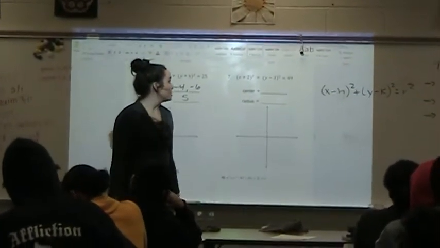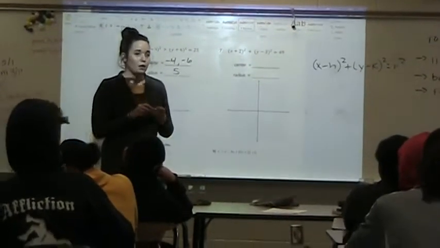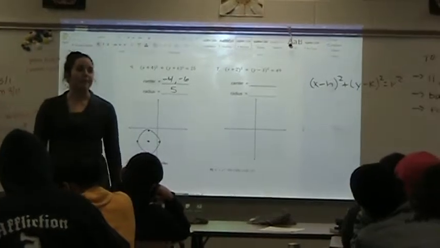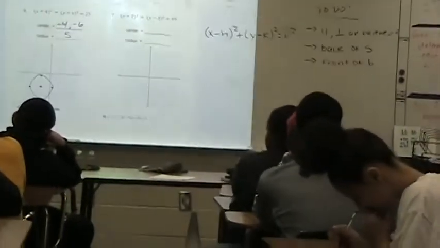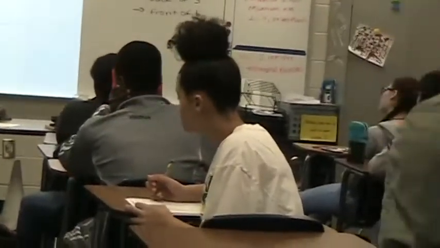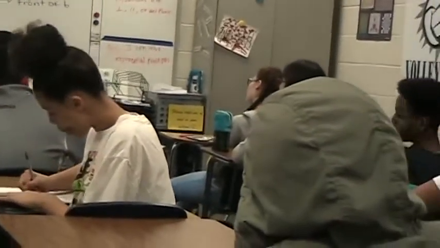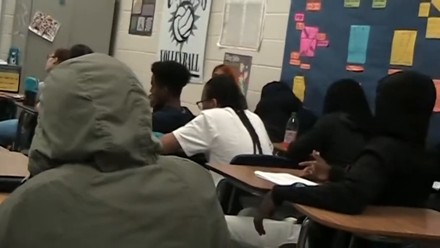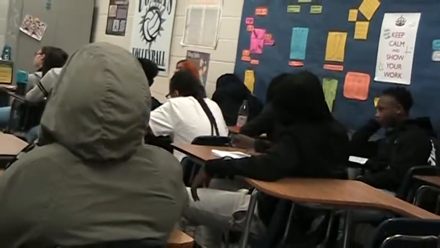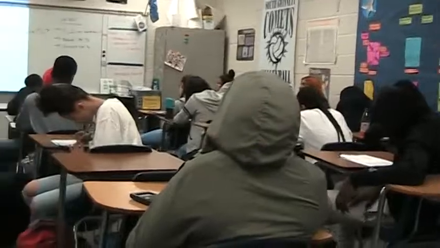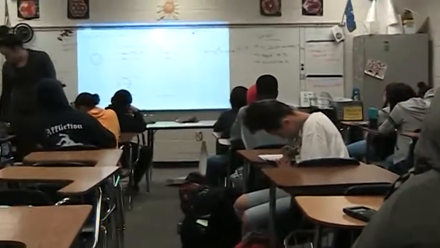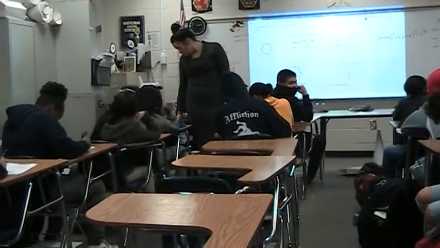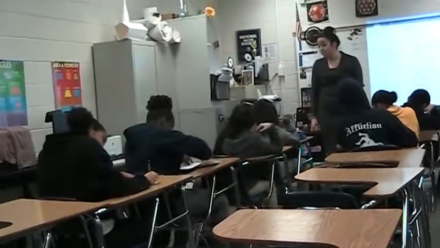All right, try number 7. It's a work in progress. Listen, I can draw a perfect circle. Good job, Cornell. You covered 7. 49 divided by 7.